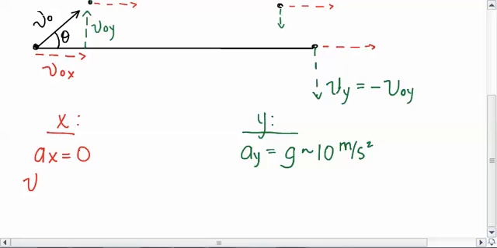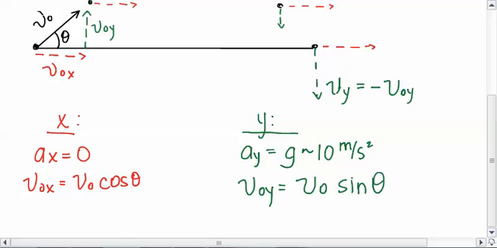Think back to those vectors and forces. The hypotenuse times cosine theta, and our hypotenuse in this case is not a force, it's a velocity. So our initial velocity in the y direction would be v naught sine theta.